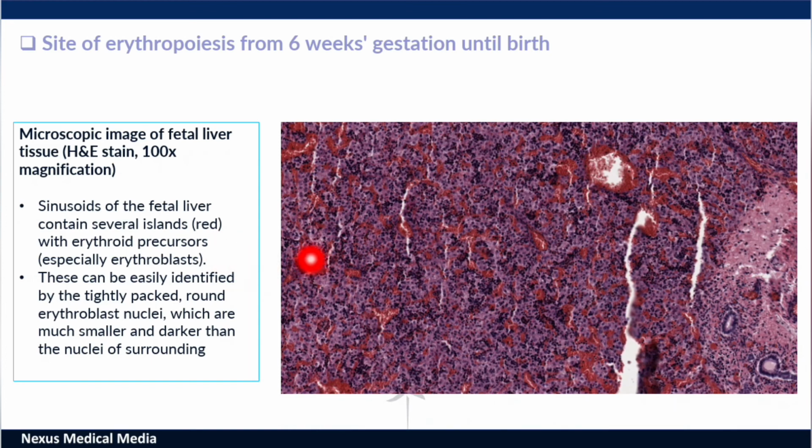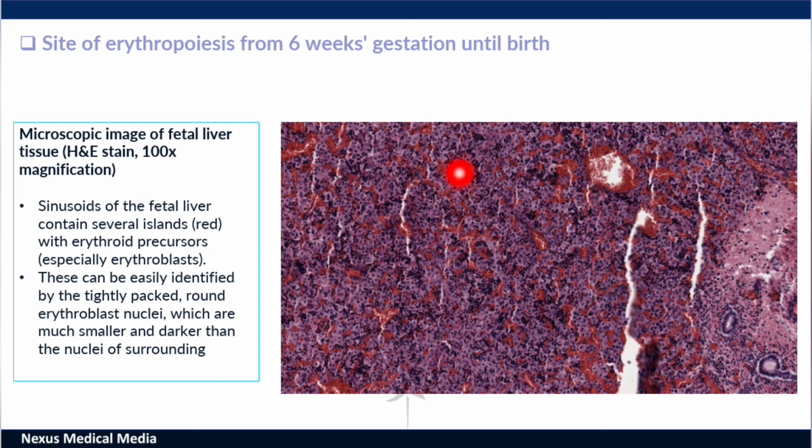So the sinusoids of fetal liver contain several islands in red here. So these are actually erythroid precursors, especially erythroblasts, and this can be easily identified by tightly packed round erythroblast nuclei, which are much smaller and darker than the nuclei of the surrounding cells.